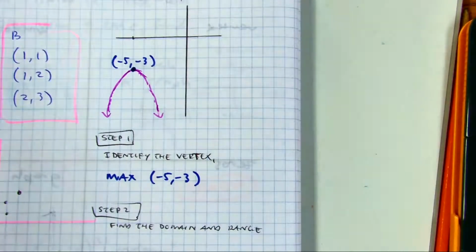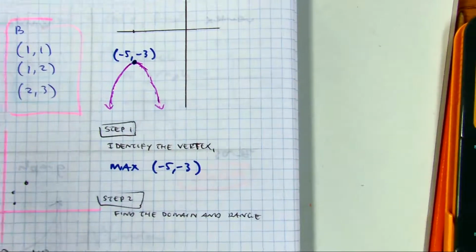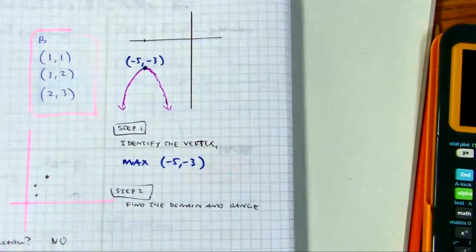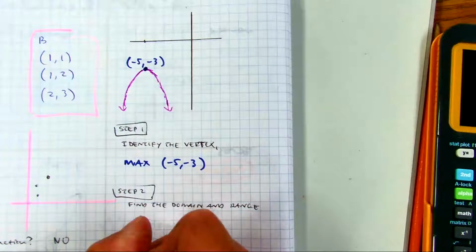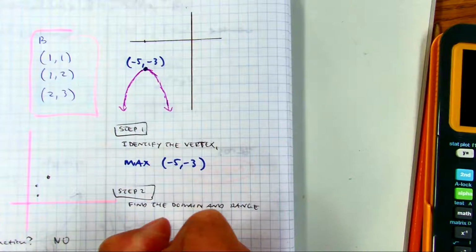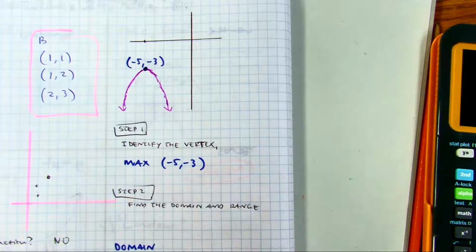Okay, now it tells us to find the domain and range. I'm going to show you guys how to find the domain and range in both. Let's make a chart. I like charts. Domain, range.